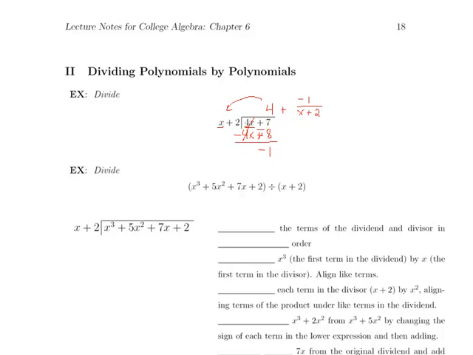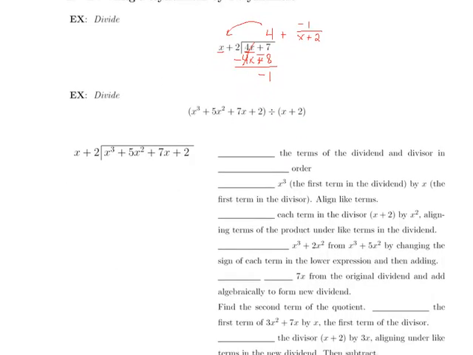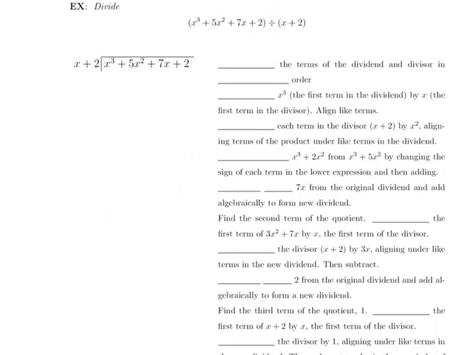So let's look at the step-by-step procedure that I just went through by looking at this example here. Divide x cubed plus 5x squared plus 7x plus 2 by x plus 2. The first thing you need to do before anything else is arrange the terms of the dividend and the divisor in descending order.